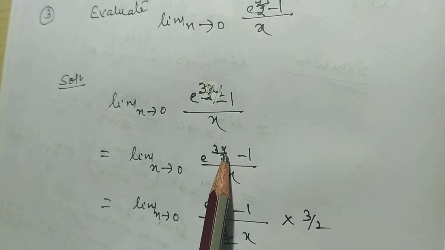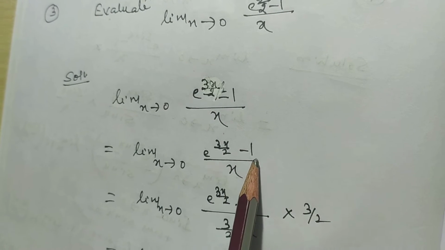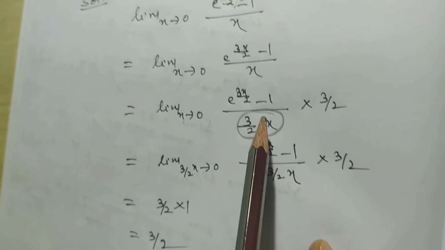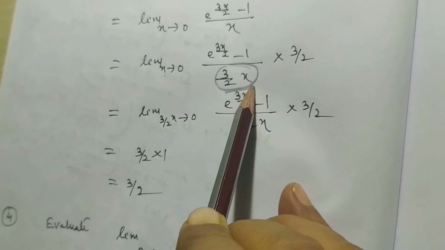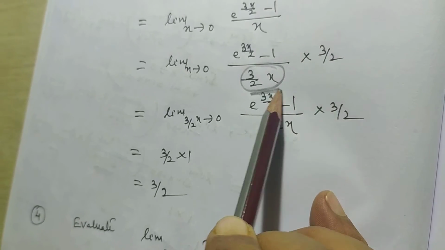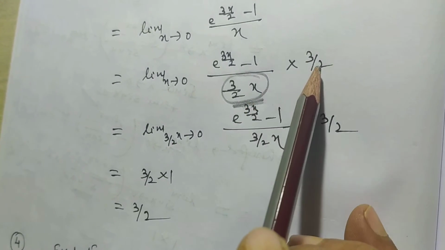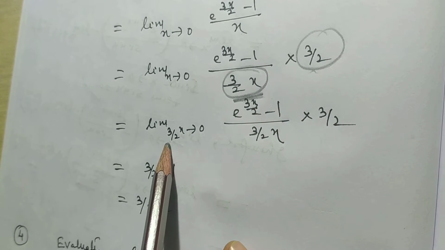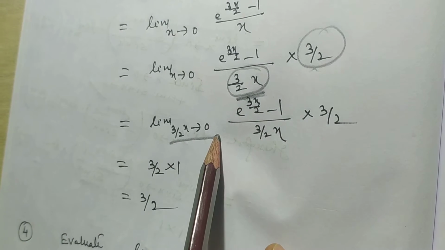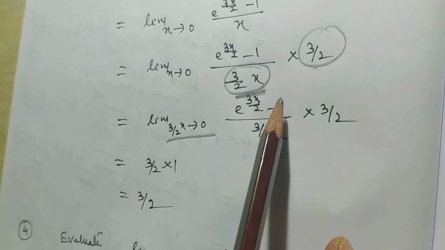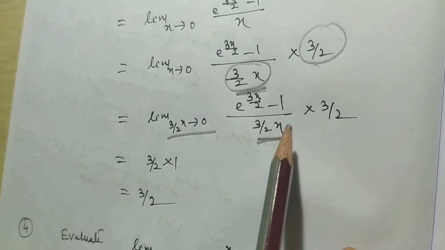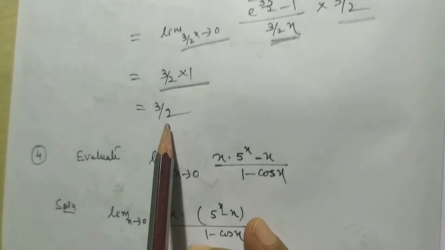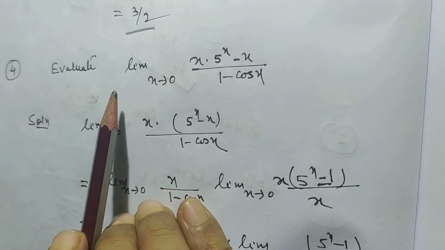In the denominator there is a term 3 by 2 into x, so we multiply it by 3 by 2 and divide it by 3 by 2. So it will be limit 3 by 2 x tends to 0, e to the power 3x by 2 minus 1 divided by 3 by 2 x into 3 by 2. So it will be 3 by 2 into 1, which is equal to 3 by 2.